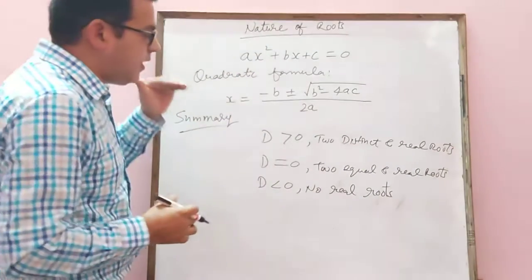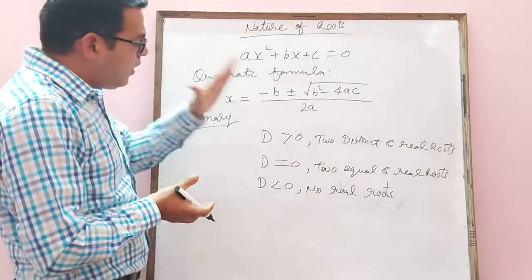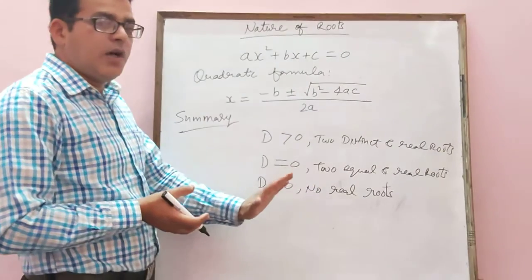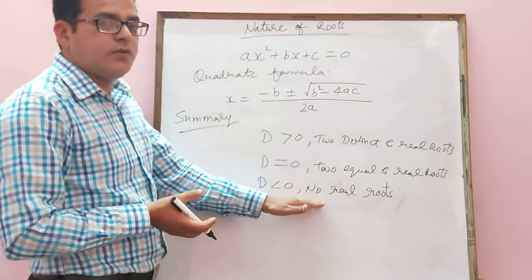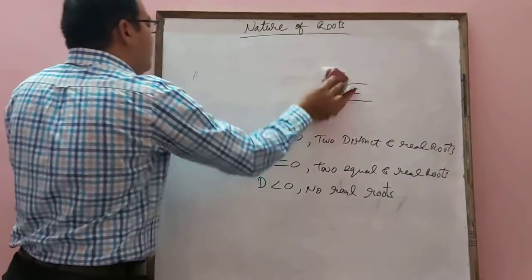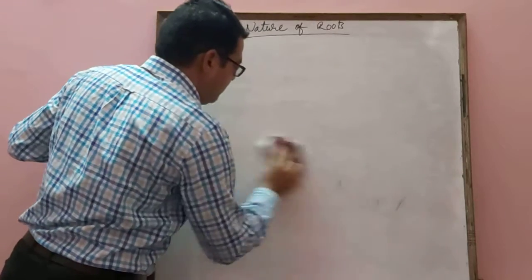We will discuss what an imaginary number is in class 11. So if D is less than 0, meaning negative, we can't get real roots. Hope you understand, guys.